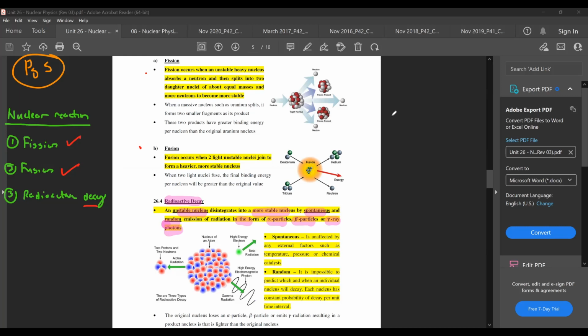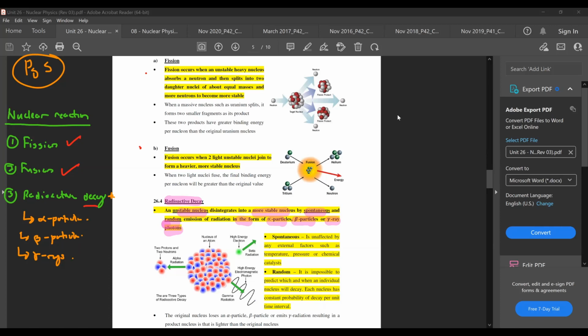Okay, so specific to radioactive decay, this particular nuclear reaction will tend to emit for you alpha particle, your beta particle, as well as your gamma rays. Radioactive decays will emit any one of these.